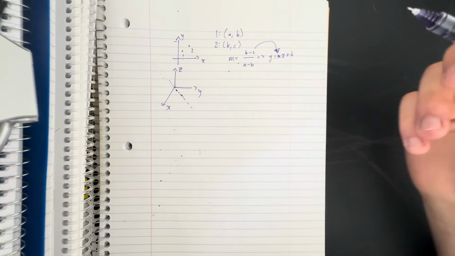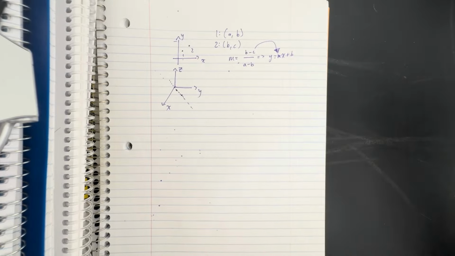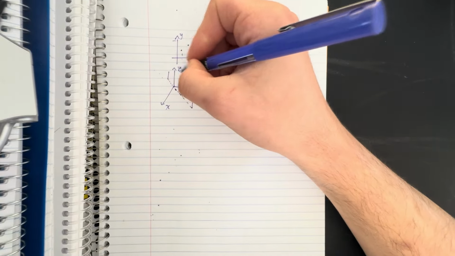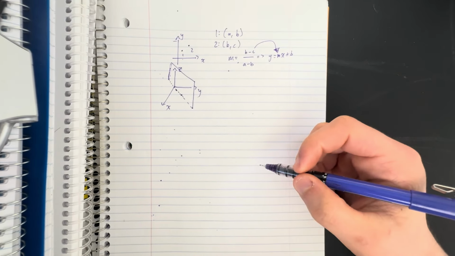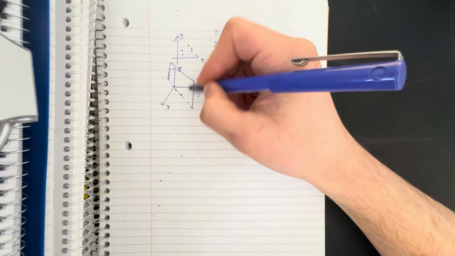You're going to take the same sequence of operations. What you're going to find, though, is that this is going to give you a plane, and that plane is going to be going through all of the real z values.